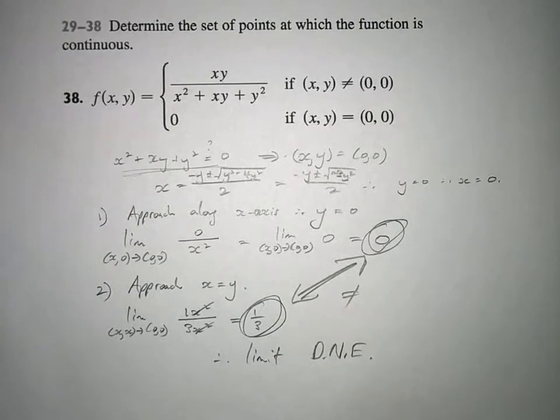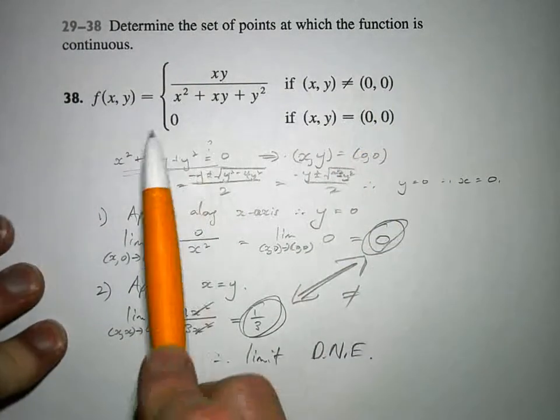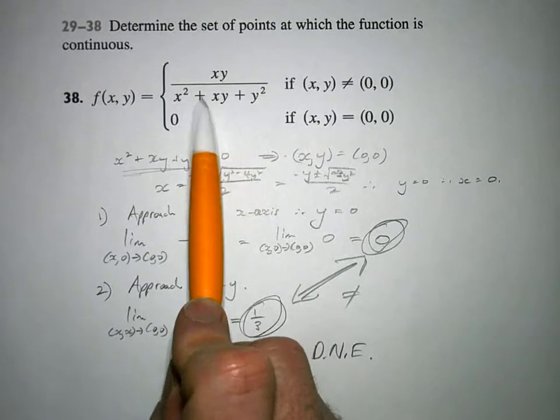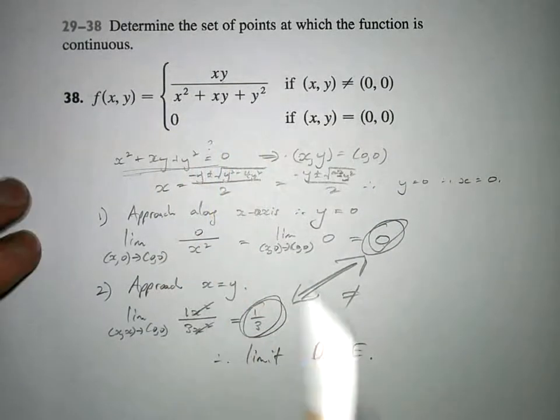Limit does not exist. Right, so what does that tell us? Well, we want to know, where's this function continuous? Well, the function's defined at (0, 0), but the limit doesn't exist at (0, 0), so it's not continuous at (0, 0). It's continuous everywhere else because this piece here is continuous on its domain.